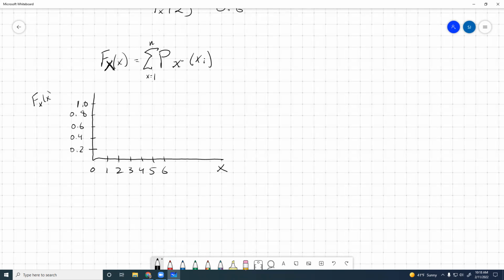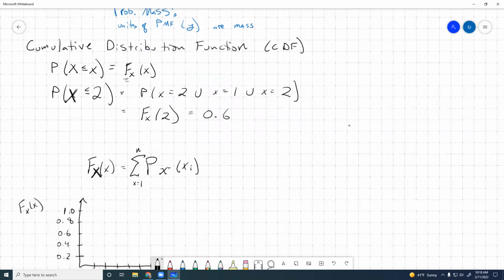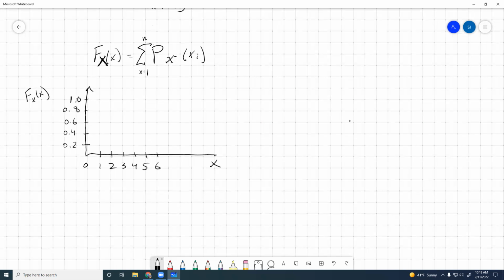Big F of x is on the y-axis. And notice that we go up to 1, right? Because if you sum up all those probabilities from before, you go up to 1. And then we'll write this out. So we start at 0. The 0 observation happens 10% of the time. So we start out there. I'll just draw it in a different color.